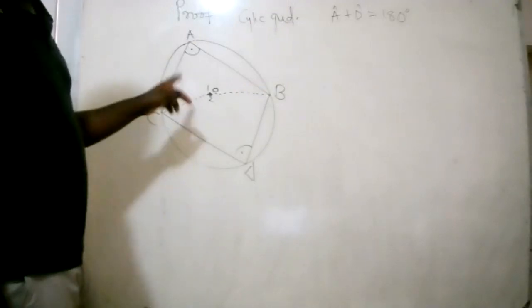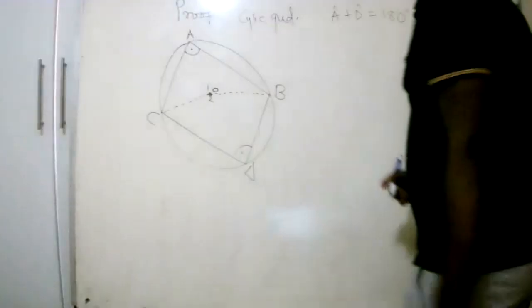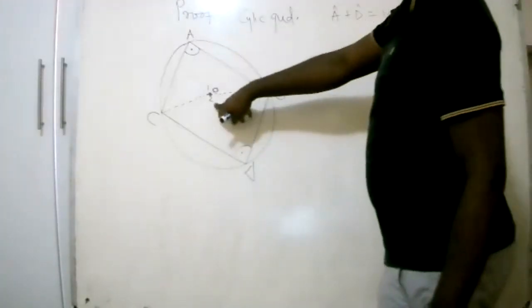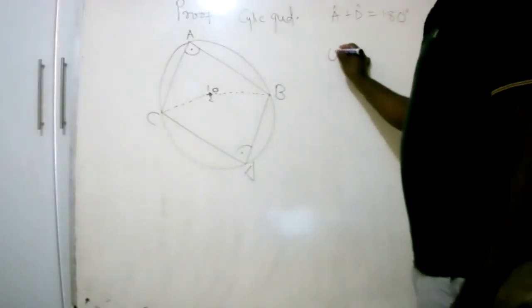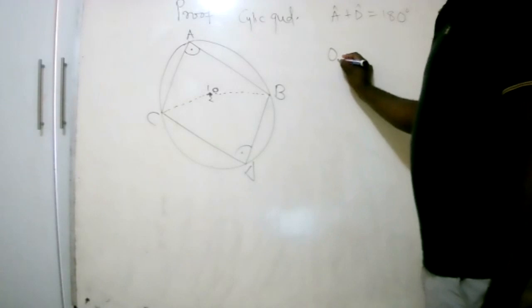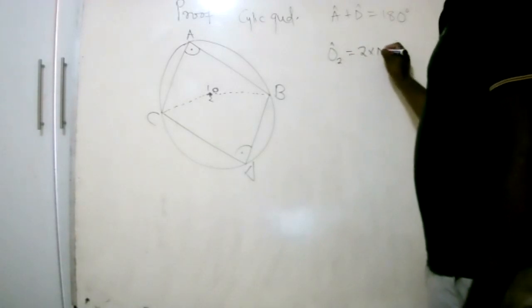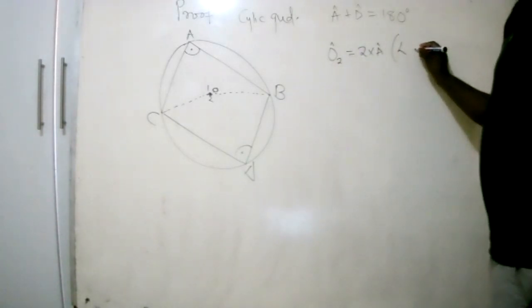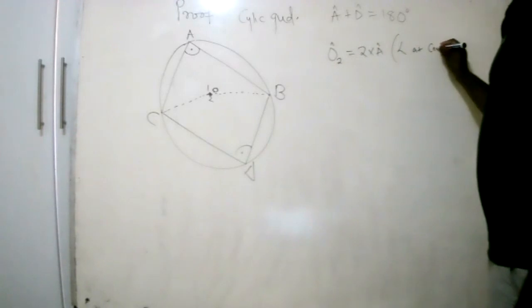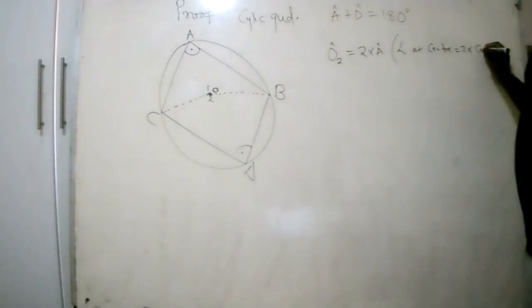In order to prove that, we use the theorem we used previously, which says the angle at the center is twice the angle at the circumference. In this case, angle O2 must be equal to 2 times angle A. Why? The angle at the center is equal to twice the angle at the circumference.